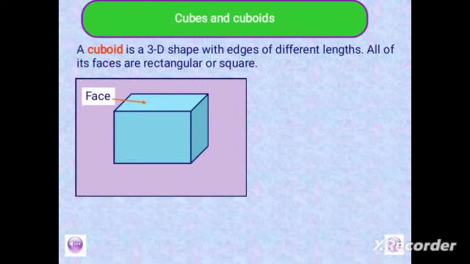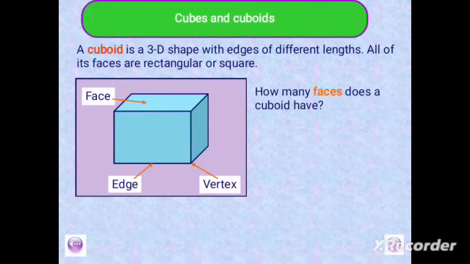So you find out that a cuboid has faces, like the one shown here, that is the top face. A cuboid has edges. The one shown here is an edge, and a cuboid has vertices. The one shown here is a vertex of a cuboid.